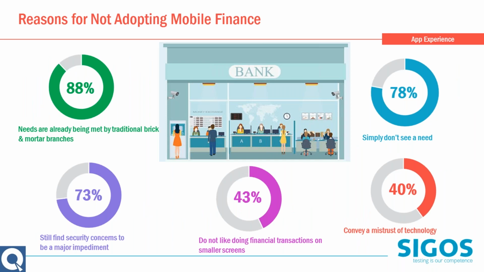Digging a little deeper into the Federal Reserve report, those surveyed who didn't adopt mobile app financial services shared the following reasons why. 88% said their needs were already being met by their brick and mortar branches. 78% simply didn't see a need. 73% still find security concerns to be an impediment, and this is not a surprise considering all the recent news that we've seen with data breaches in various different industries.